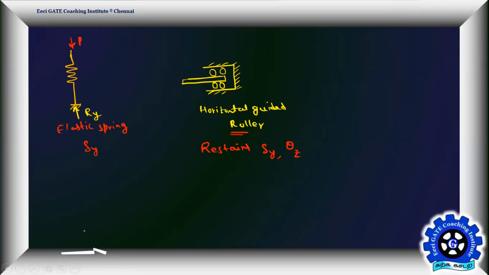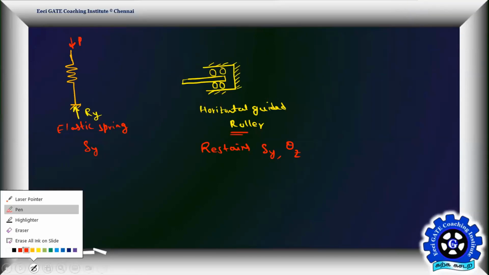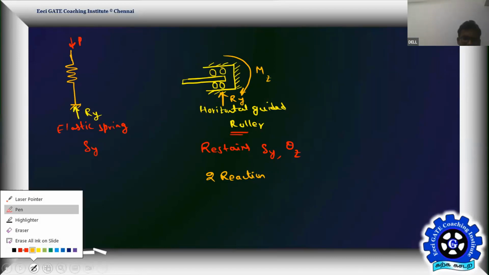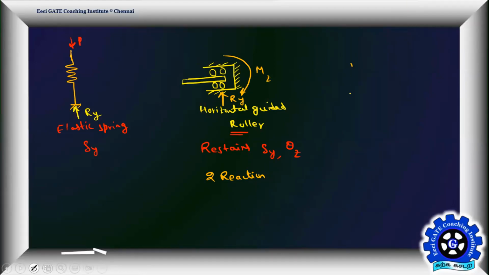Yes, sir. How many reactions then? It has two reactions. What are the two reactions? Vertical reaction, and the next one is moment reaction. Do you understand what I am trying to say? Is it clear to everyone? Yes, sir. The last one I am going to talk about.